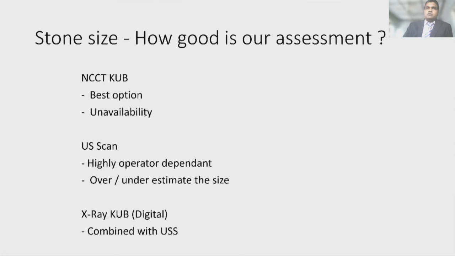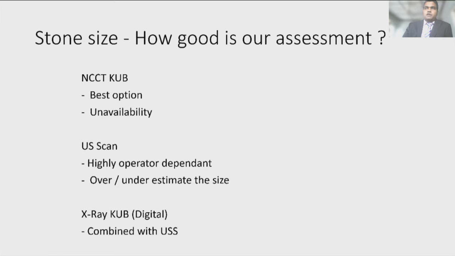The next best options are the ultrasound scan and X-ray KUB. Ultrasound is highly operator-dependent and has the disadvantage of over- and underestimating stone size. But if you combine it with a digital X-ray KUB, it gives a better combined picture, which would be ideal in our setting.